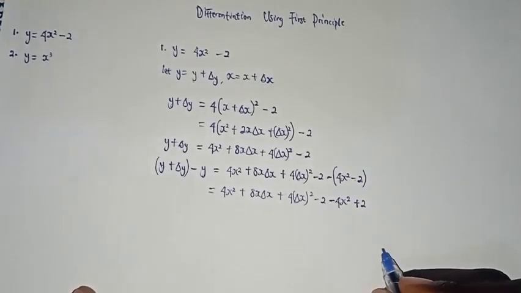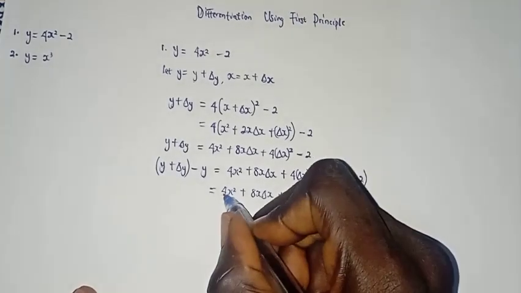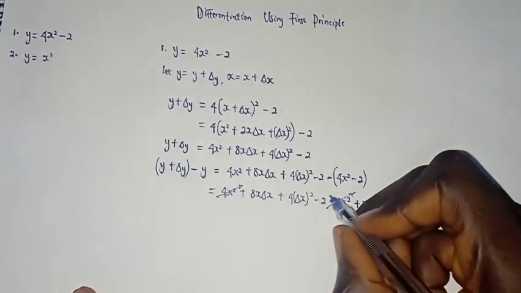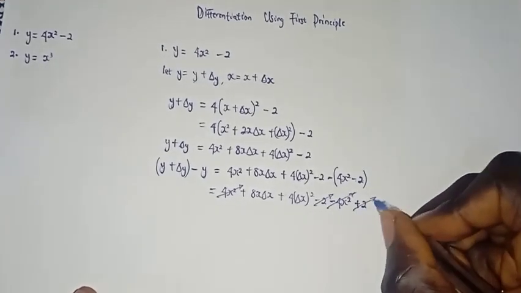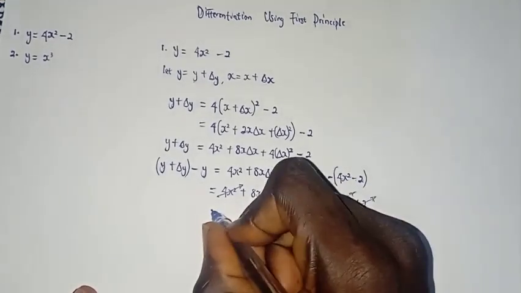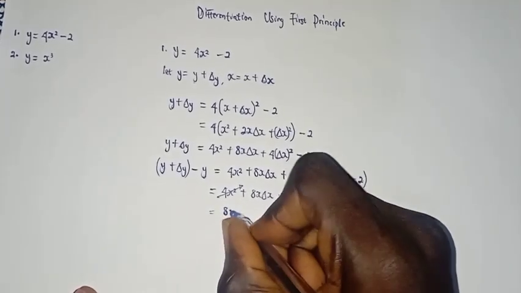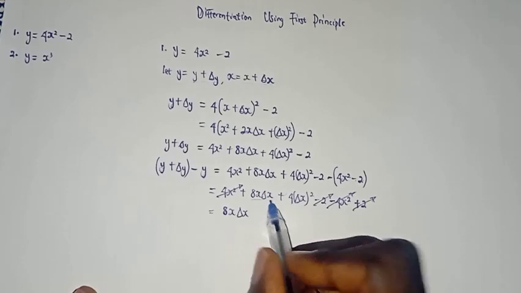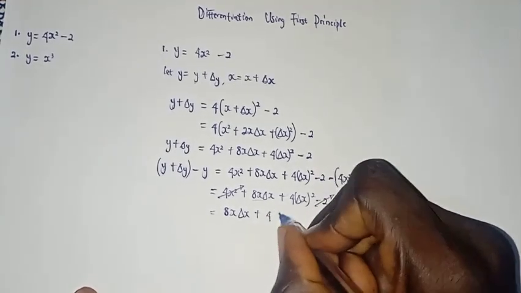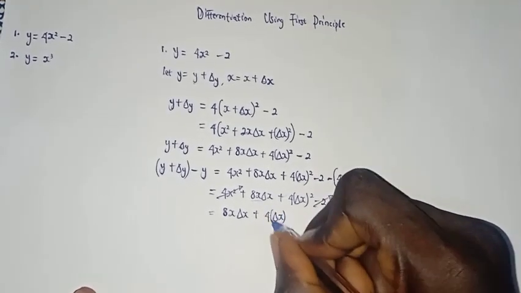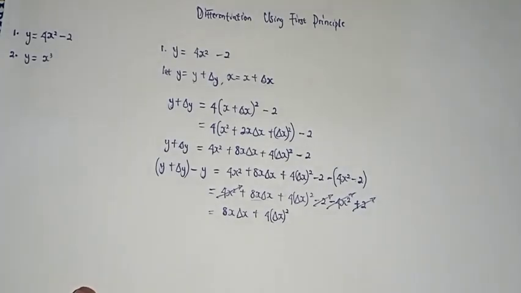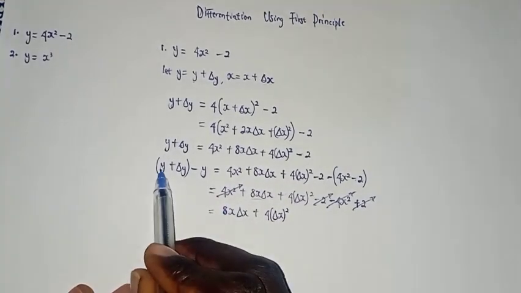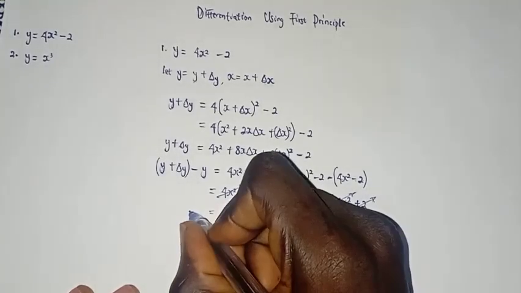Now some things will cancel out, obviously, so this will cancel out this, right? And then minus 2 will cancel out this, so we have 8x delta x plus 4 delta x all squared. And then on the left hand side as well, y will cancel out y, so we have just delta y.